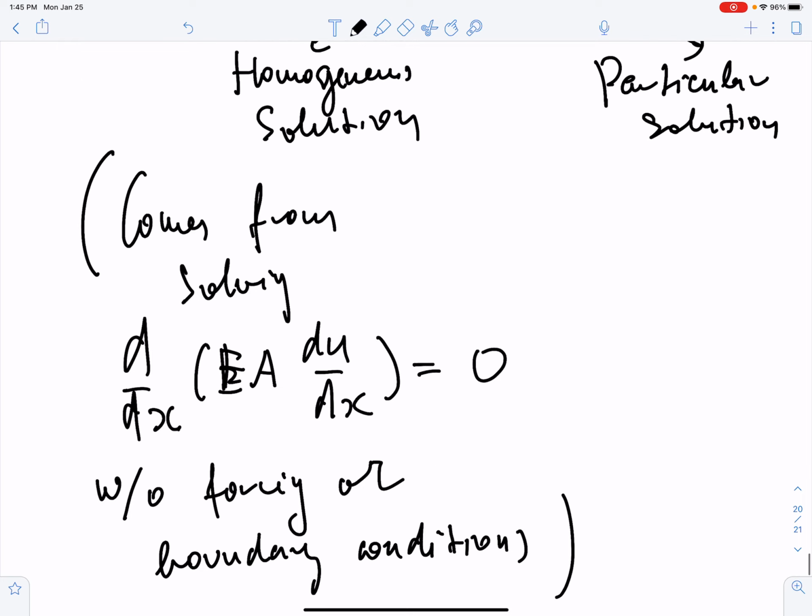If you're more math oriented, you're basically finding a non-trivial expression for the displacement which this differential operator doesn't see. So it's possible to find some spatial distributions of u such that when you take the first derivative, multiply by E, multiply by A, and then take another derivative, at the end of the day you get a 0. So these are referred to as homogeneous solutions, meaning non-trivial solutions to this differential operator, which is subject to no boundary conditions or no forcing.